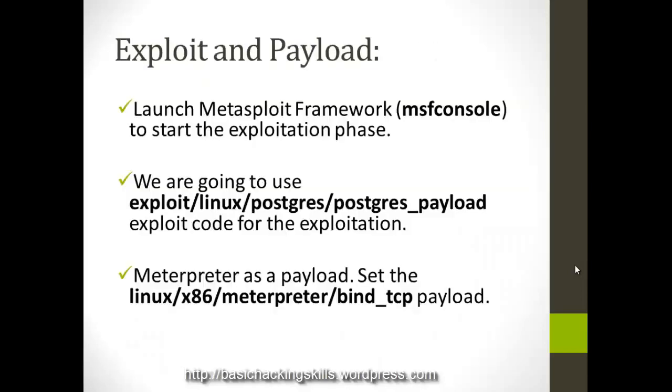The exploit we are going to use is exploit/linux/postgis_payload, and the payload is meterpreter. We are going to set the payload linux/x86/meterpreter/bind_tcp. All right, we are going to launch Metasploit using msfconsole, and start the exploitation phase.